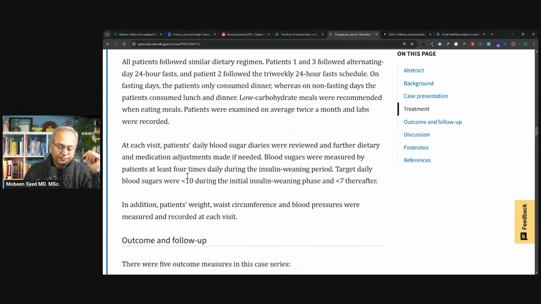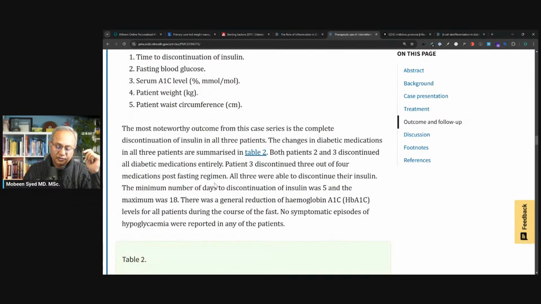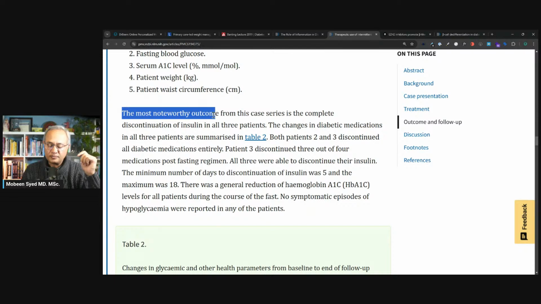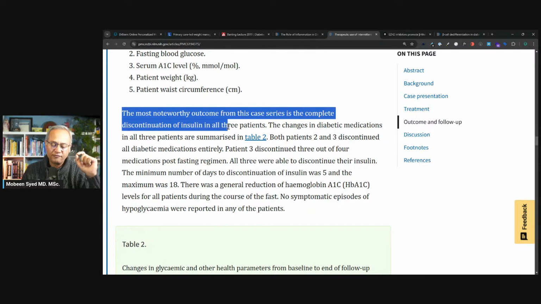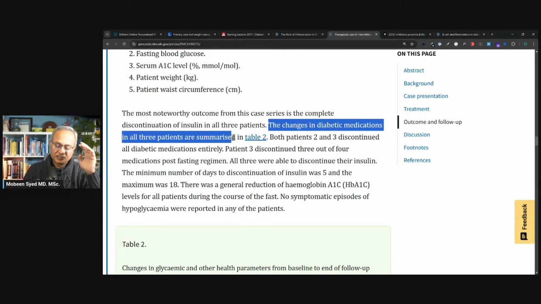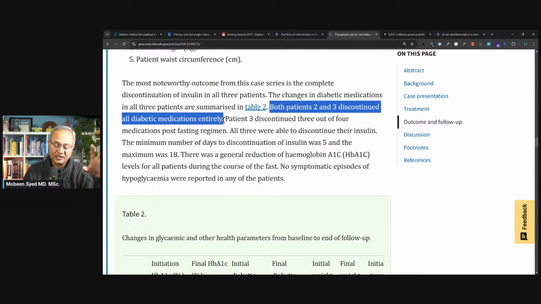So outcomes. Look at this. The most noteworthy outcome from this case series is the complete discontinuation of insulin in all 3 patients. The changes in diabetic medicines in all 3 patients are summarized below. Both patients 2 and 3 discontinued all diabetic medications entirely.